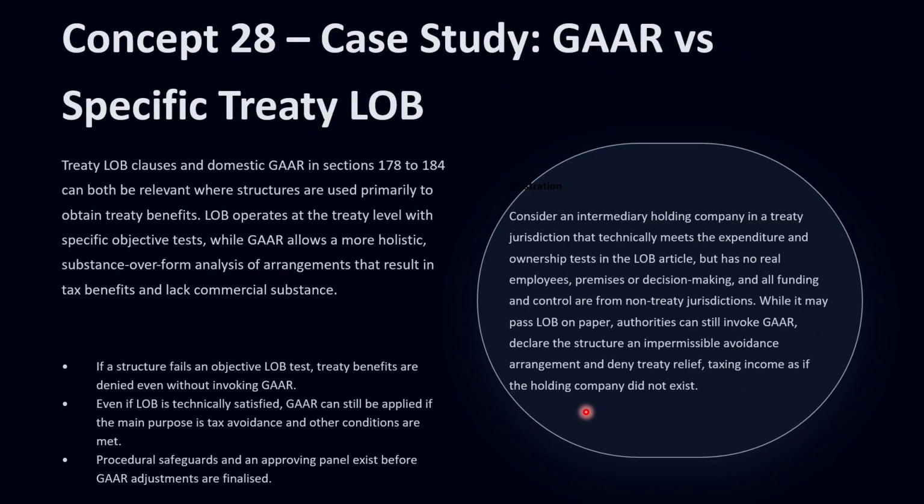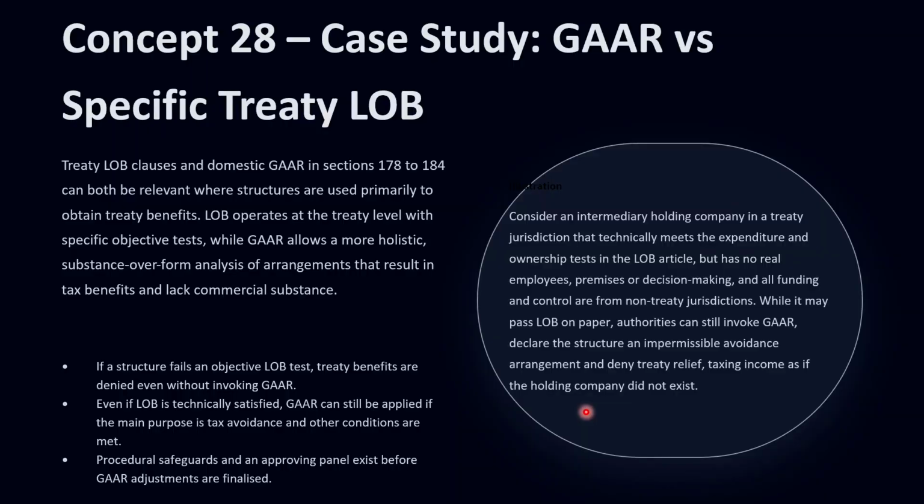Now let's move to our next concept, which is also a very important concept. Now let's revisit the anti avoidance in a more nuanced way, how GAR and the treaty limitation of benefit clauses can both apply in the same structure.